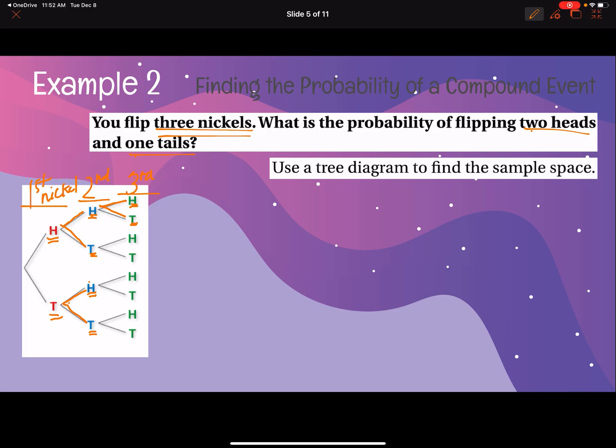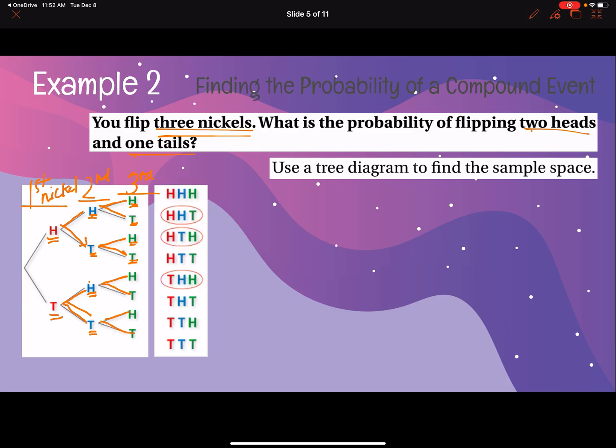Now, if we started with the head, got the tail, we could also get another head, another tail. Same thing if we flipped a tail on the first coin. We could get a head on the second one, a head on the third one, or even a tail on the third one. If we got a tail on the first one, we could get a tail on the second one, another head, or another tail.